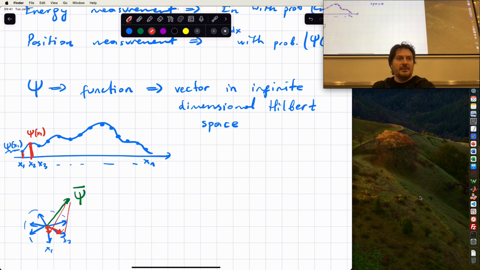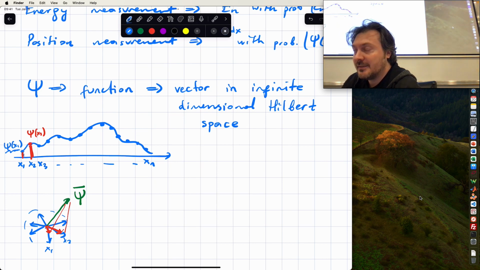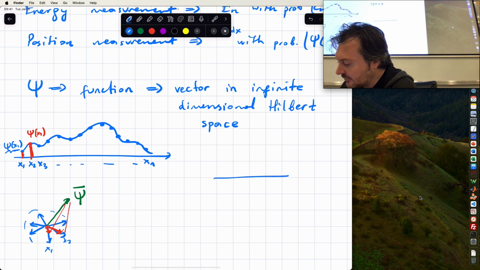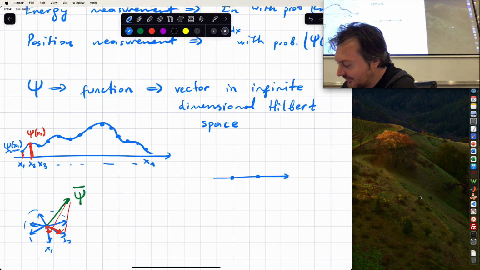Let me simplify it. Let's not go to infinite dimensions, but let's say somehow you have 2 dimensions. What does it mean for x? For example, you have a wave function, but you only have 2 points in space. It's a wave function that looks like this.